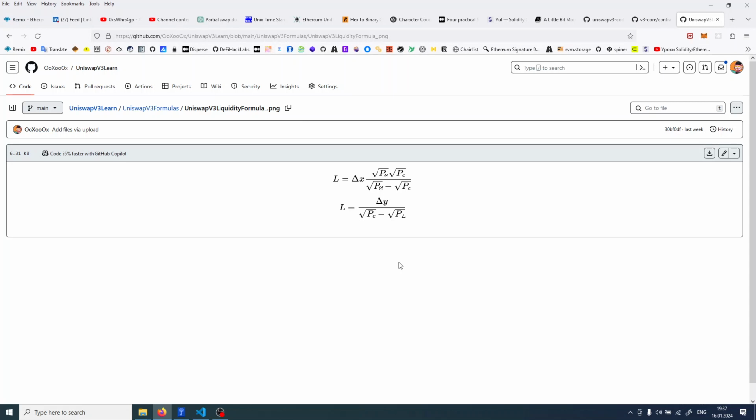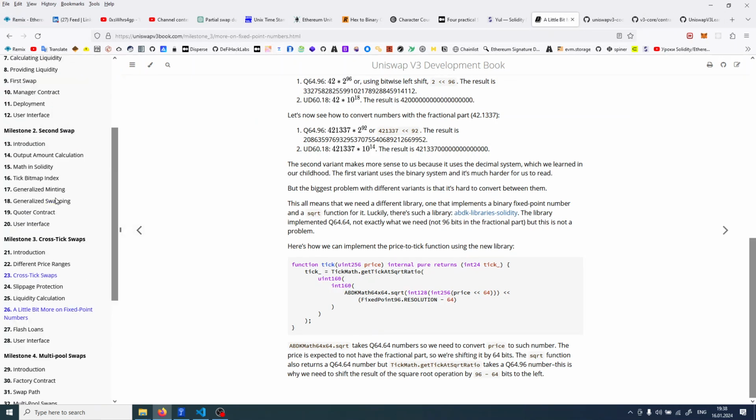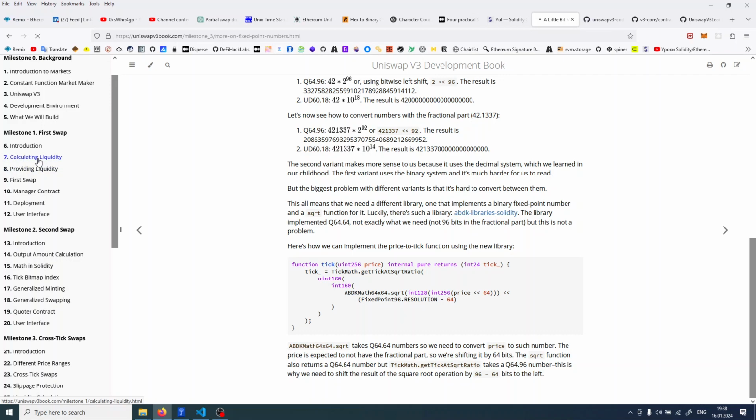We must know the current price, the upper price of the position, it's the price which we can't cross, and the lower, it's the lower boundary of our price position.